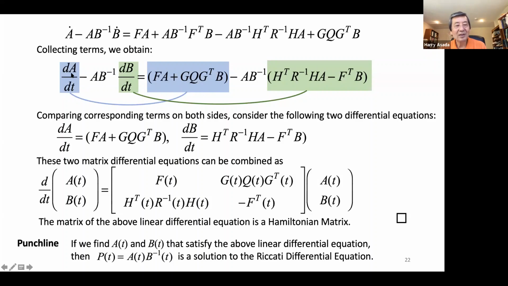Let's relate dA/dt to this, and dB/dt to this one. Both have an A B inverse over here. So let's try to solve these two equations. dA/dt equals F A plus G Q G transpose B. And dB/dt equals H transpose R inverse H A, minus F transpose B.